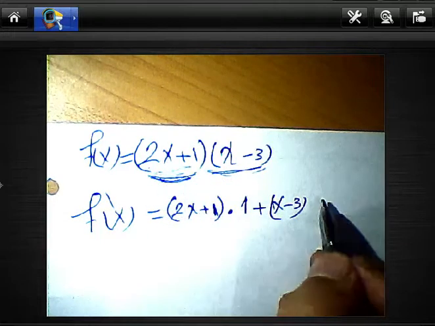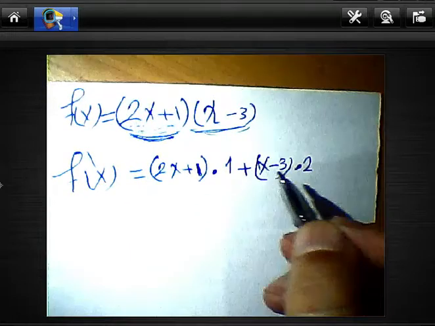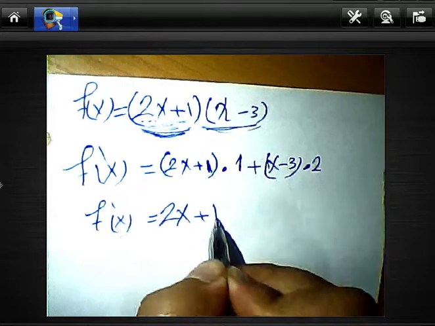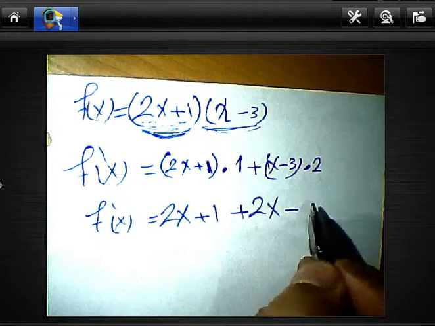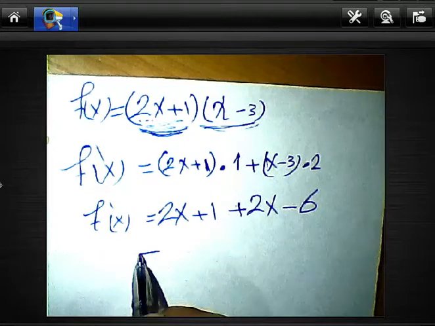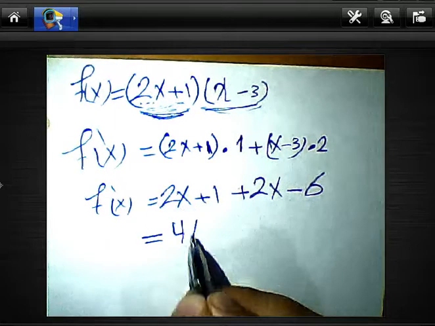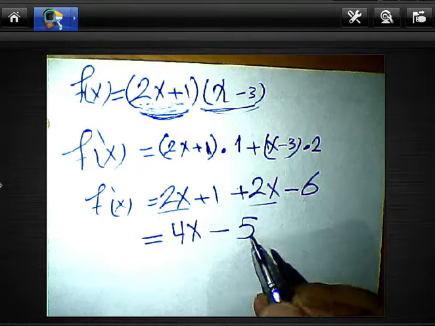The derivative of 2x will be 2. So we can simplify: f dash of x equals 2x plus 1 plus 2 multiplied by x subtract 3, equals 2x subtract 2 times 3 equals 6. So the result is 2x plus 2x equals 4x, and negative 6 plus 1 equals negative 5.